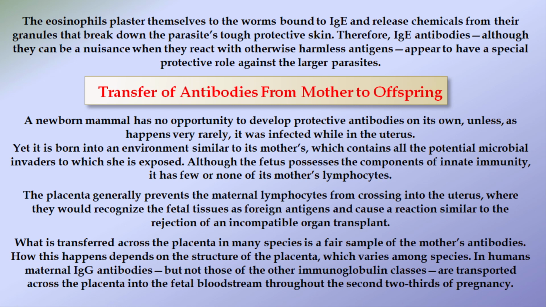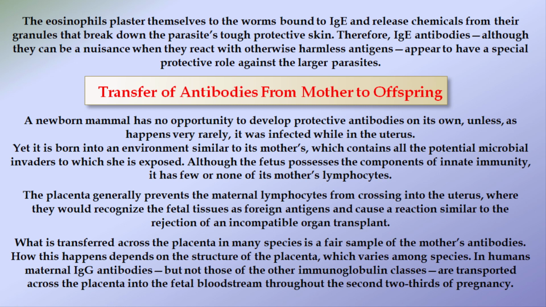Transfer of antibodies from mother to offspring. A newborn mammal has no opportunity to develop protective antibodies on its own, unless, as happens very rarely, it was infected while in the uterus. Yet it is born into an environment similar to its mother's, which contains all the potential microbial invaders to which she is exposed.